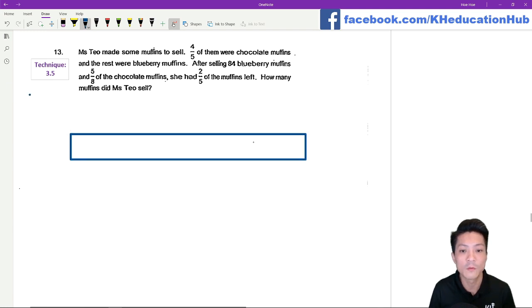I'm gonna cut this into 5 parts. Four-fifths were chocolate, which means that here to here is chocolate, and the rest were blueberry.